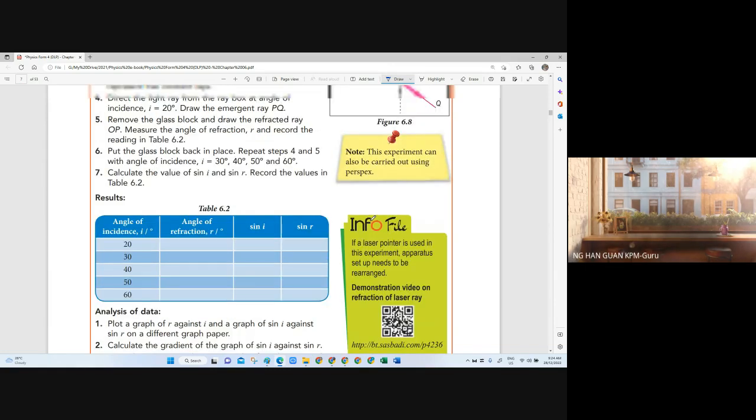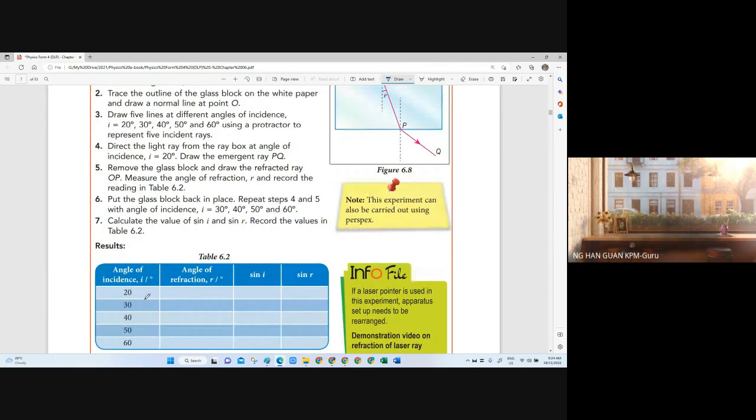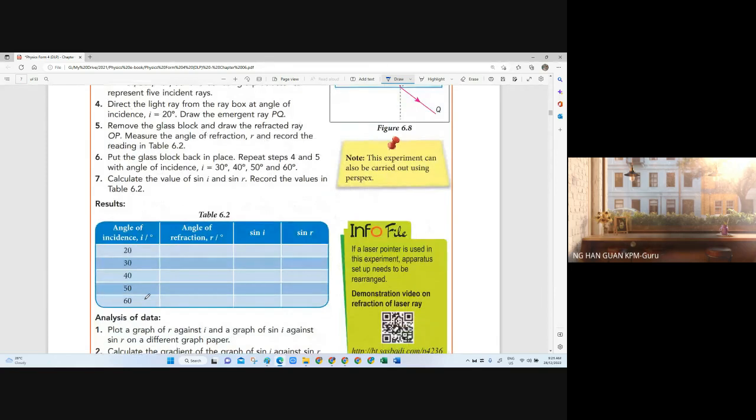Another problem is, when recording the results, 20 degree, 30 degree, 40, 50, and repeating the degree sign as in the video, there's no issue.